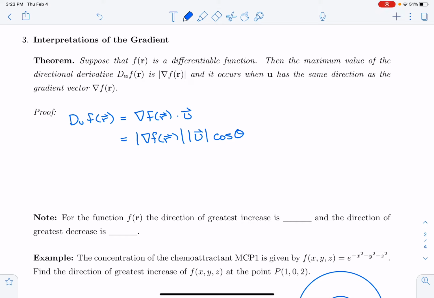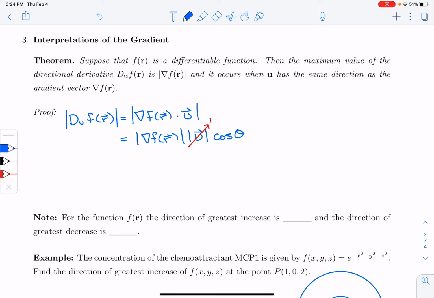Now, u is a unit vector, so that has magnitude 1. And then the cosine of theta we know is between -1 and 1. So in fact, if we want to look at the magnitude of the directional derivative, that's equal to the magnitude of the dot product of the gradient with u.